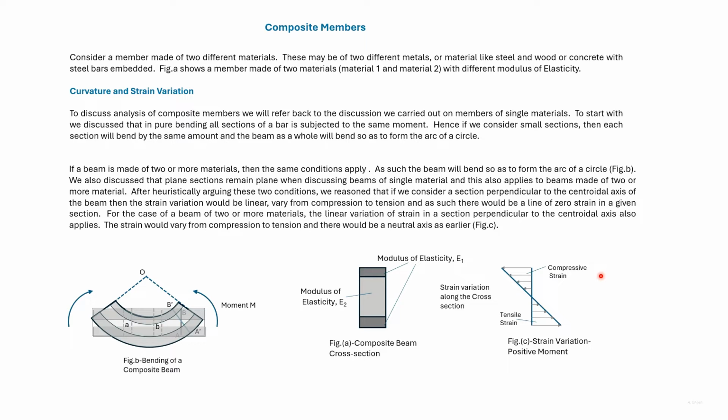So also for a composite beam, there will be a neutral axis with zero strain, and the strain variation will be linear. If there's a positive moment applied, then there will be compressive strain above the neutral axis and tensile strain below the neutral axis.